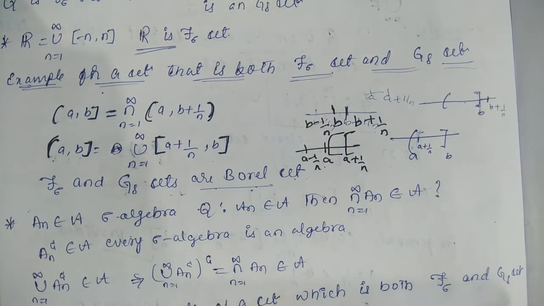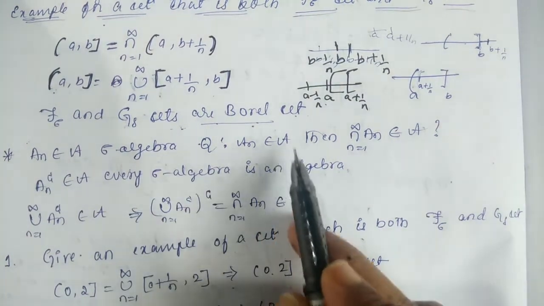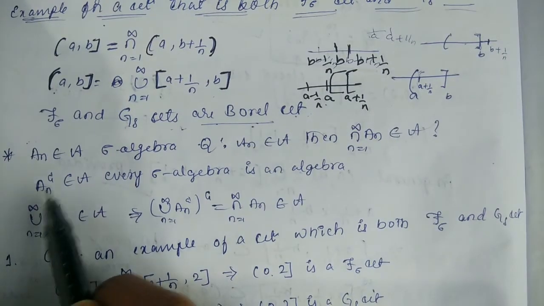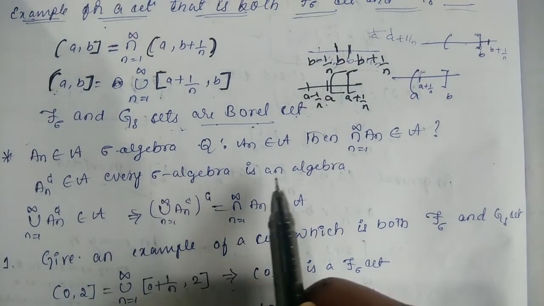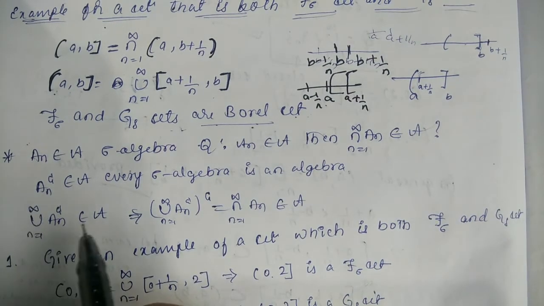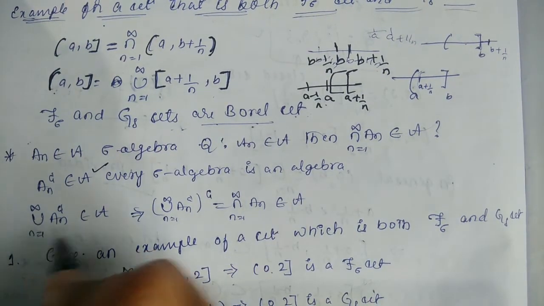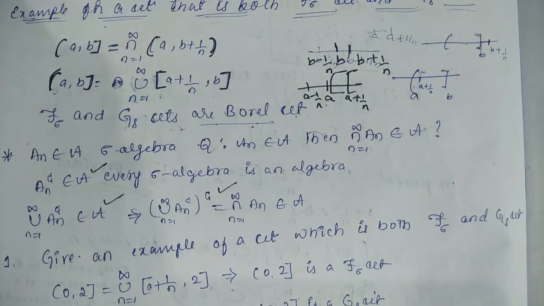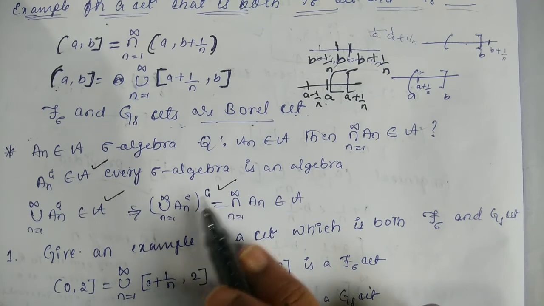Next, A_n belongs to a sigma algebra A. The question is, if A_n belongs to A, does the intersection of A_n also belong to A? Since A is a sigma algebra, the complement of each A_n also belongs to A, because every sigma algebra is an algebra and therefore closed under complementation. So the union of the A_n complements, n from 1 to infinity, also belongs to A, since A is closed under countable union. And it is closed under complementation, so take the complement of this. The complement is the intersection of A_n, n from 1 to infinity, because the complement of A_n complement is A_n itself.